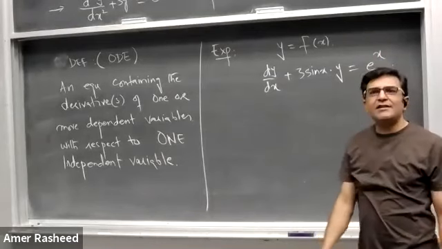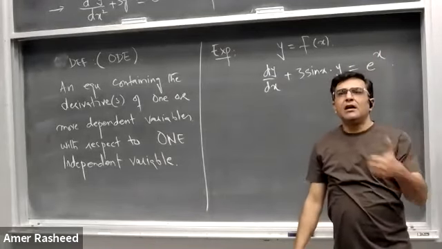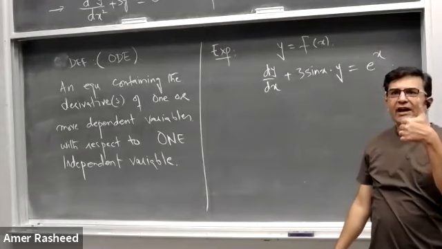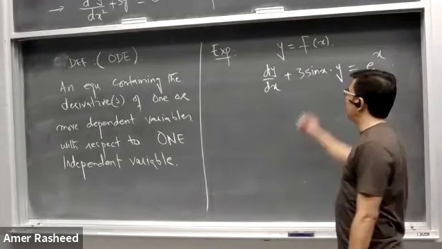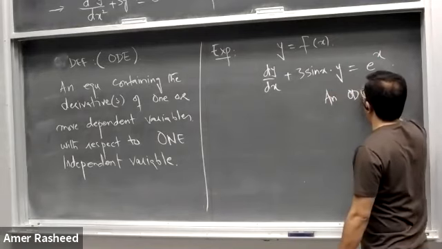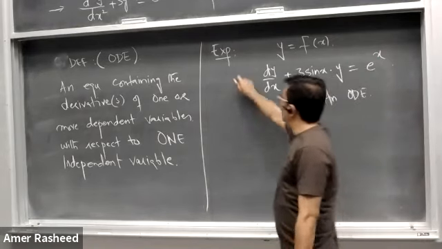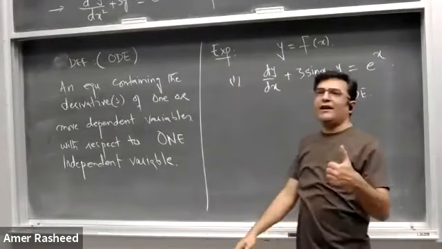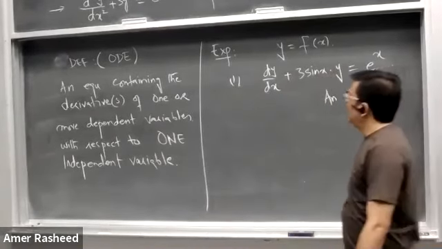So this is a differential equation because it involves one dependent variable and one independent variable. So this is an ODE, an ordinary differential equation.